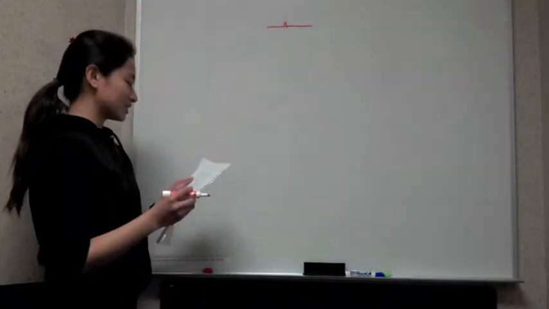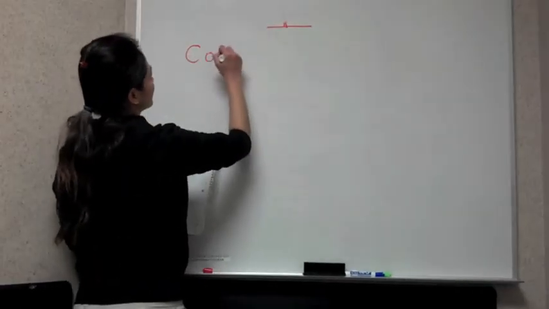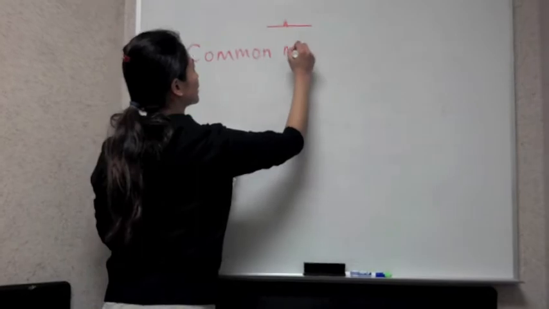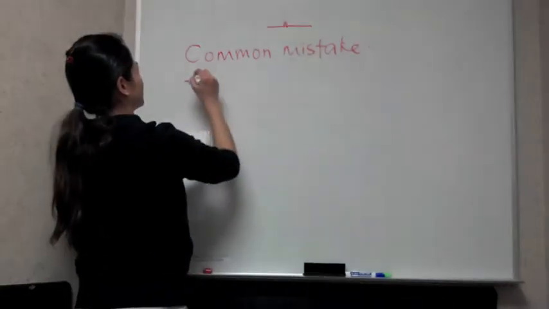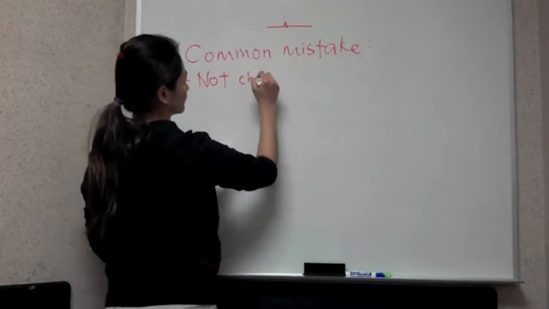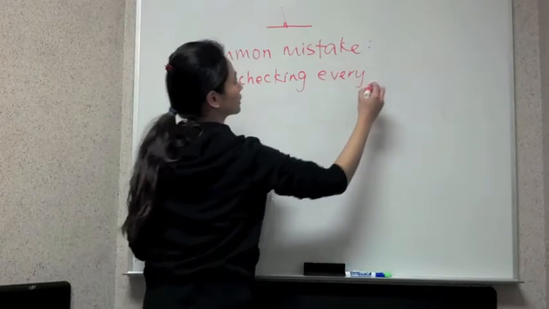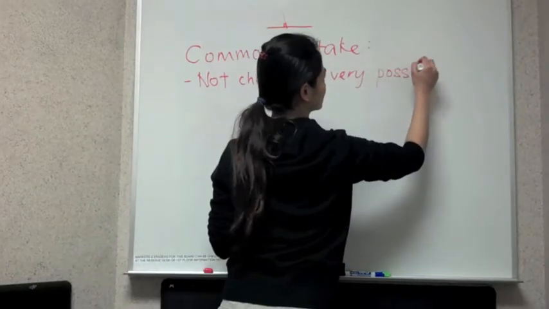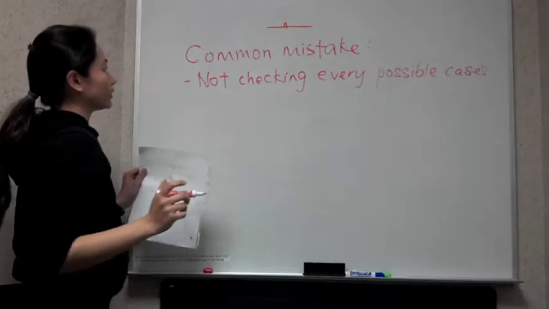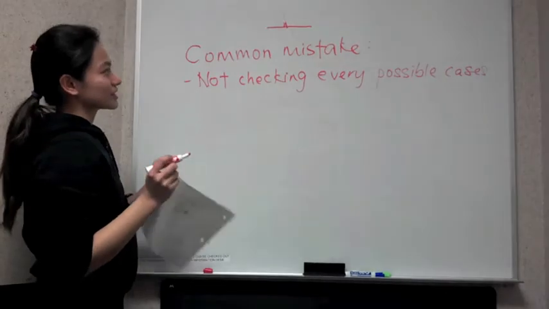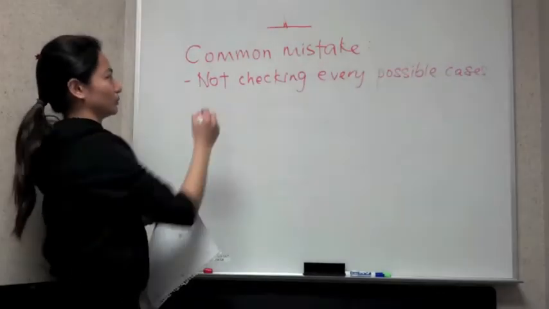One of the common mistakes that people make when using proof by cases is not checking every case. When we miss some case, we can get a false conclusion.